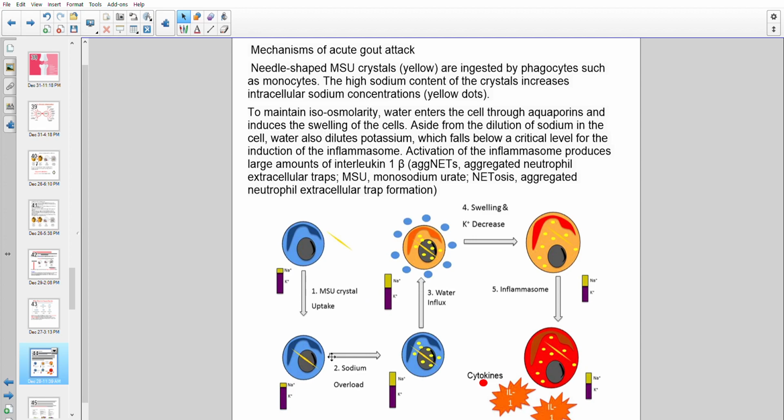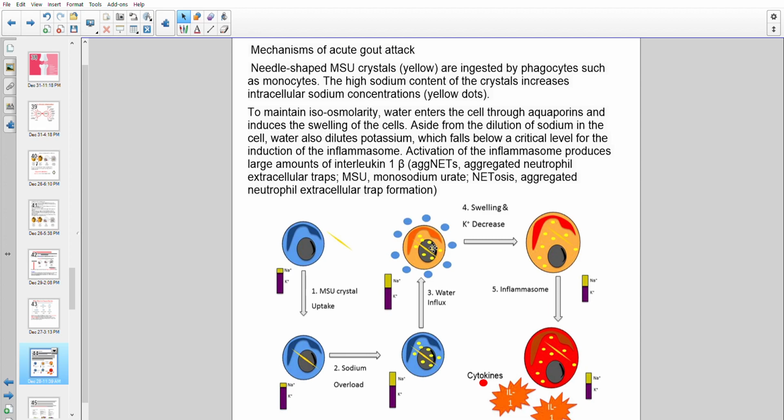So as you take in monosodium, you've got the sodium component, and then you get what we call sodium overload. You can see here in the yellow dots that the sodium level has increased inside, and when the sodium levels are increased inside, it causes the influx of water in an attempt to keep it to 300 milliosmoles.